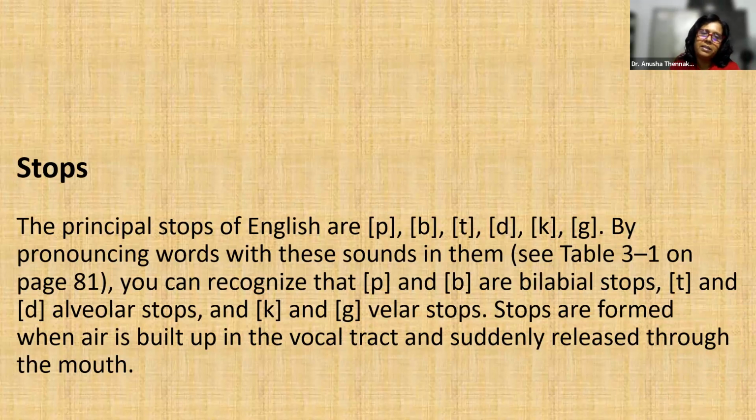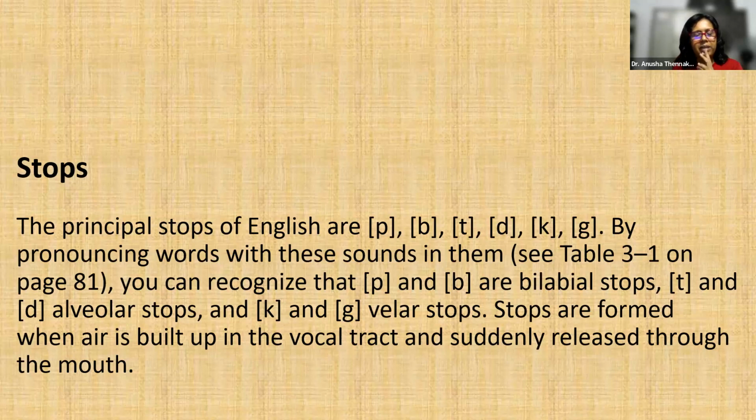The principal stops of English are p, b, t, d, k, g. There are 6 stops in the English language. Why do we call them stops? By pronouncing words with these sounds, you can recognize that p and b are bilabial stops.